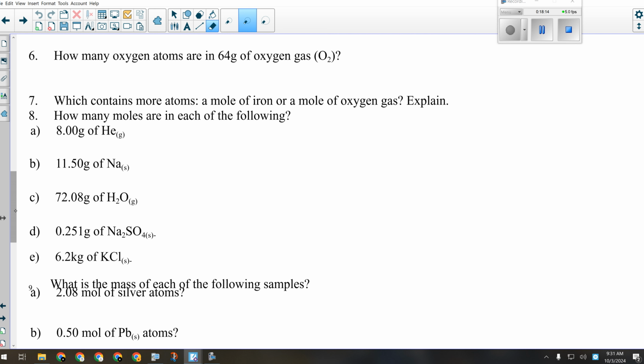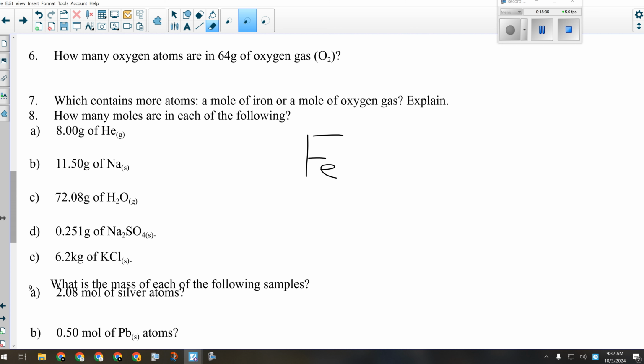Okay, remember that this is saying, do you know the difference between an atom and a molecule? If I have iron, I just have single iron atoms. If I have 1 mole of iron, I have 6.02 times 10 to the 23 atoms of iron.